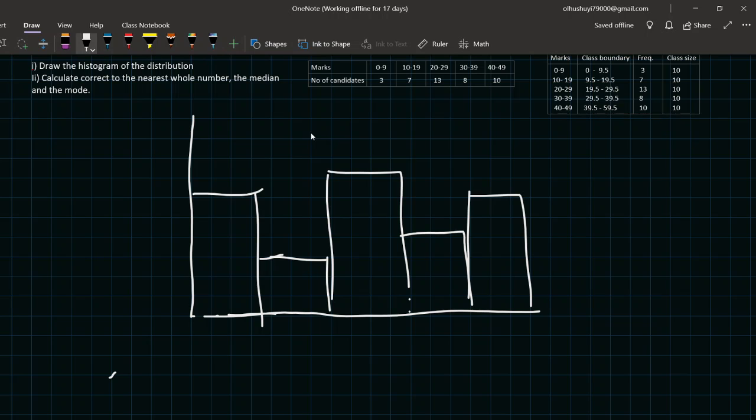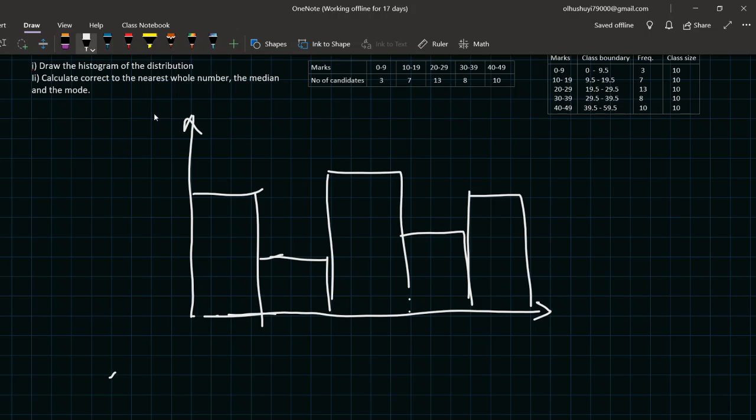But to achieve this, we need the marks. We have been given the marks in the question. We should have said, okay, let's make use of the class mark, but we don't need it here. So what we need basically, along the x-axis, we need the class boundary, and along the y-axis, we need the frequency. This is for histogram distribution.